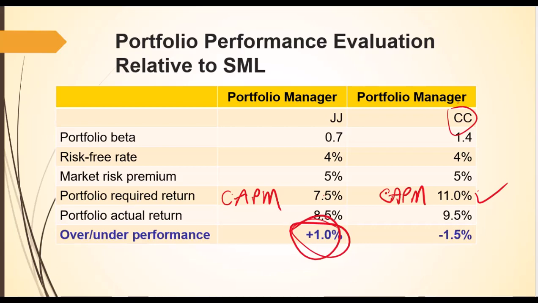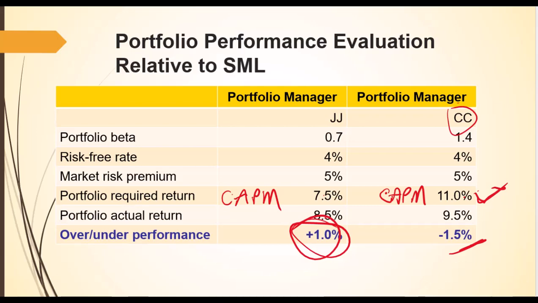That's obviously then a good investment. On the other hand, 9.5% for CCC is not good, right? Again, given its risk level, we wanted 11. We only got 9.5. So it underperformed what the theory said. So what's wrong with this? What happened? One of two things is true.